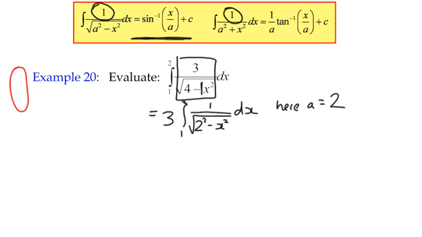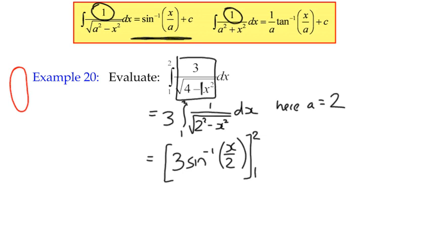Okay, so when we're writing down our integration, we're actually ready to integrate. So we've got the integral of 3 times, because we've got a multiplier at the beginning, 3 times the inverse sine of x over a, x over 2, plus c, which we don't need to use just now because it's a definite integral between 2 and 1 there.